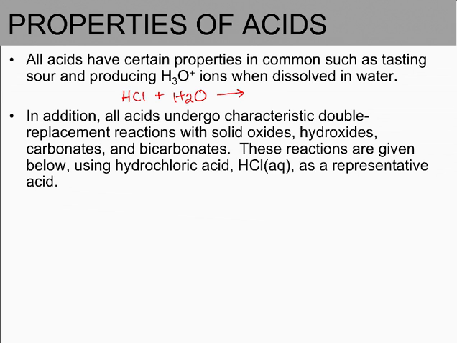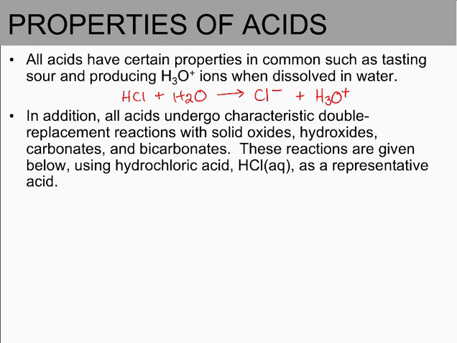Hydrochloric acid gives up a hydrogen ion, so we have Cl- left over, and water accepts that hydrogen ion, so we end up with a hydronium ion. Other acids will do similar things as well. They might not produce chloride ions, but they will produce hydronium ions.